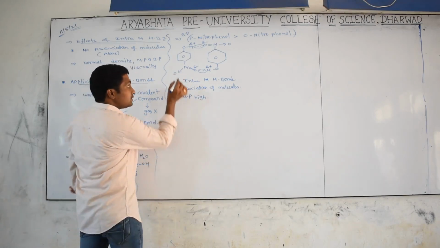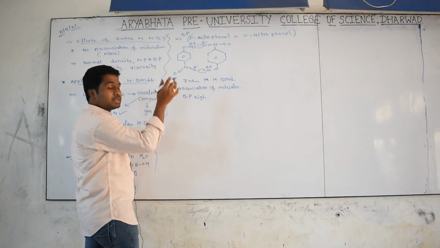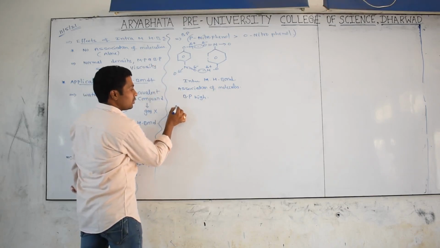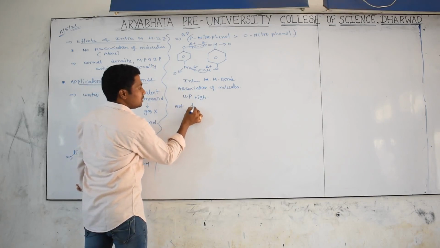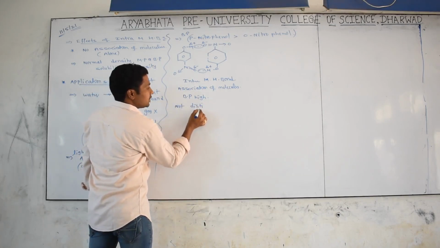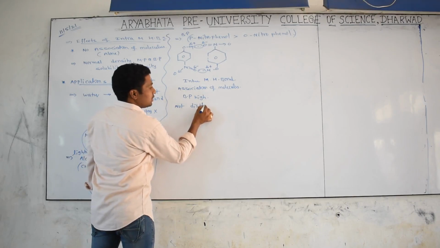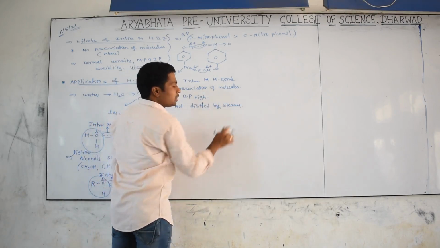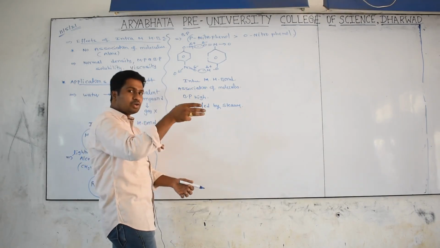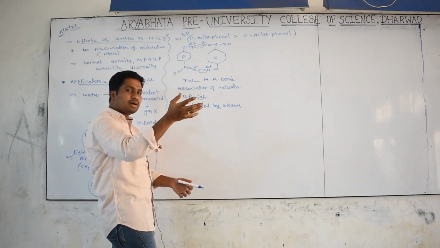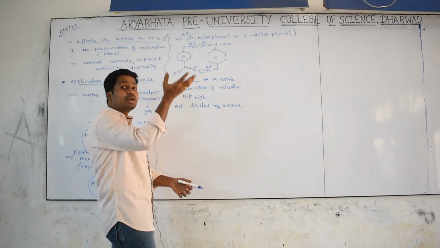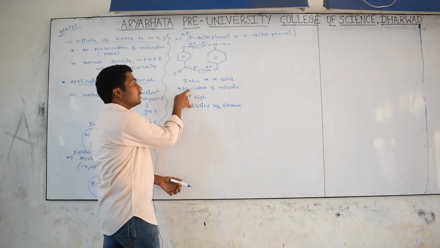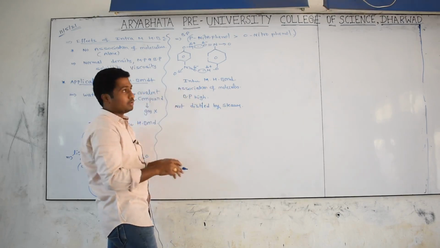That's why this cannot be separated by steam distillation. Whenever you send hot steam to this, the component cannot evaporate because it requires more energy, because of intermolecular hydrogen bonding and association of molecules.